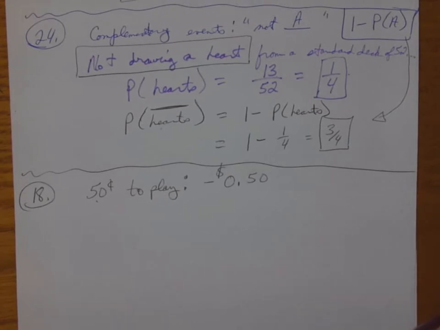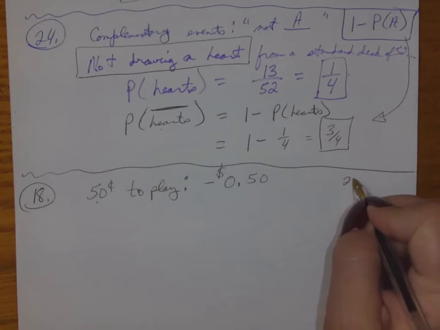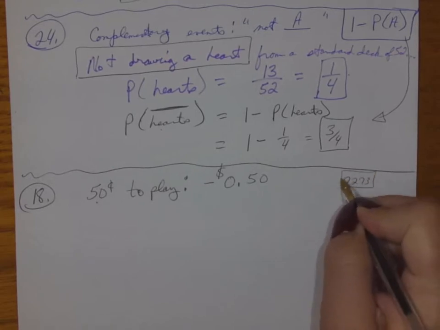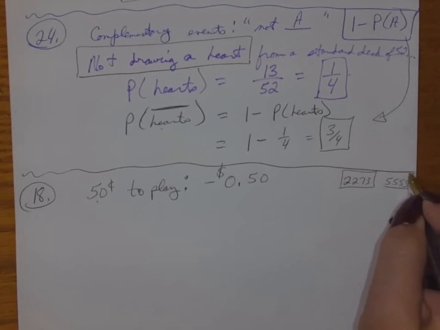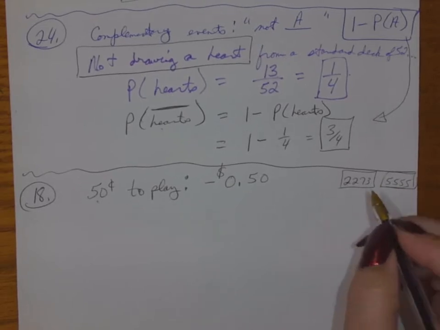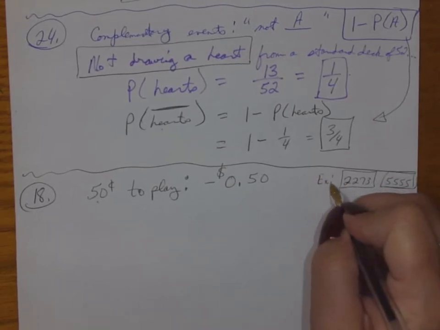You pay 50 cents to select a sequence of 4 digits. And they give an example. Your example could be 2273. Yours could be 5555. Whatever they are, a 4-digit number. Those are my examples.